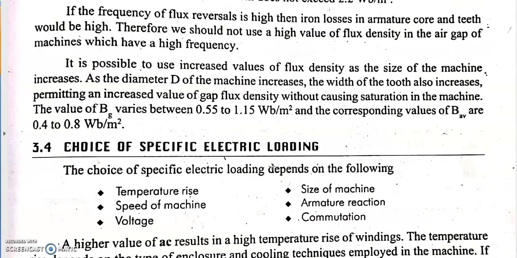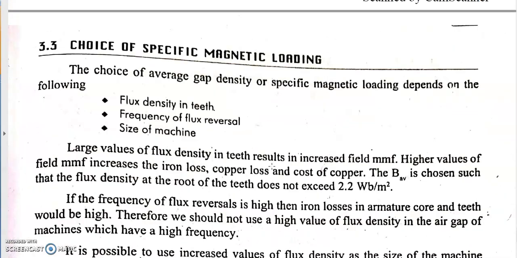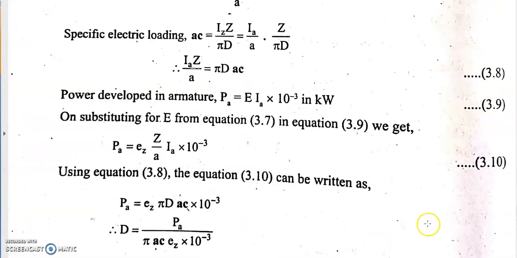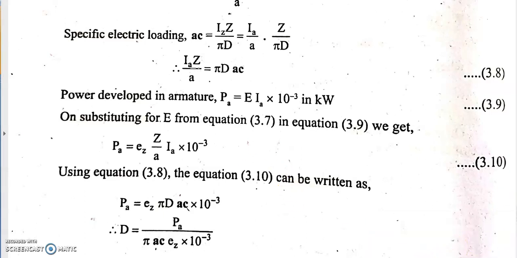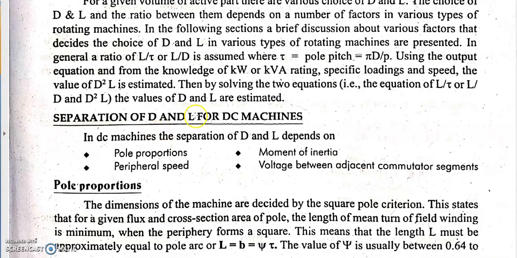Okay, so in today's class we discussed how to separate D and L from the output equation of a DC machine. That depends upon four parameters: pole proportion, peripheral speed, moment of inertia, and voltage between adjacent commutator segments.